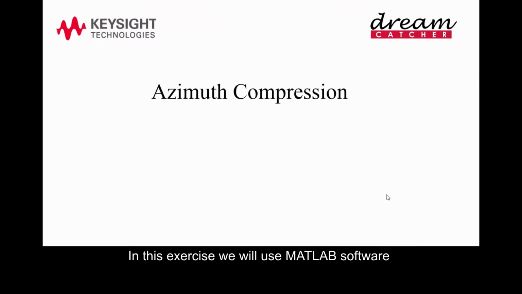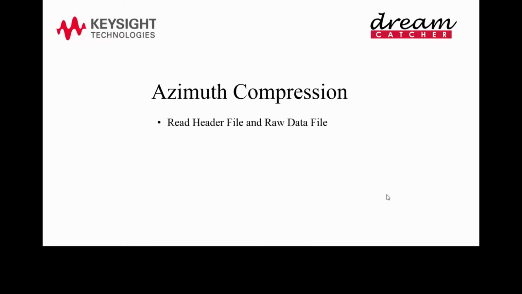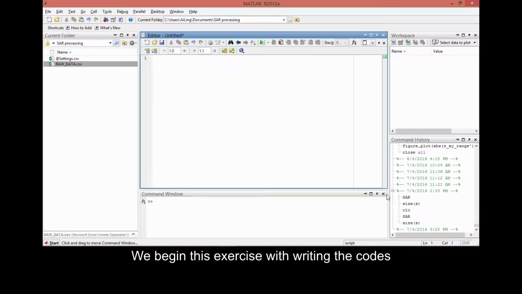In this exercise, we will use MATLAB software to perform azimuth compression. We begin this exercise with writing the codes in MATLAB editor to read the header file and raw data file.